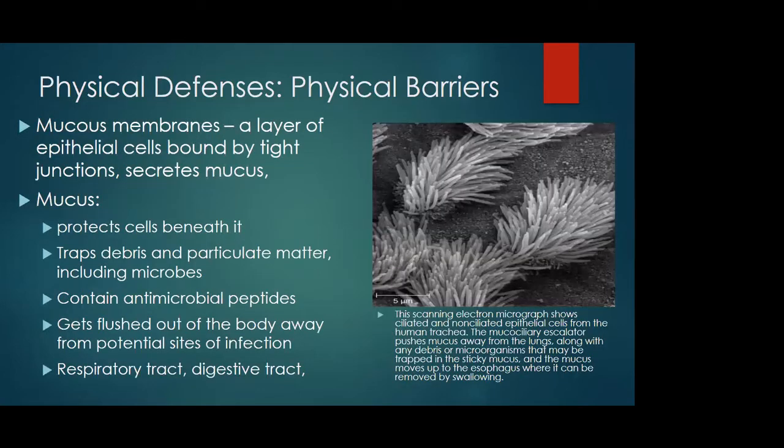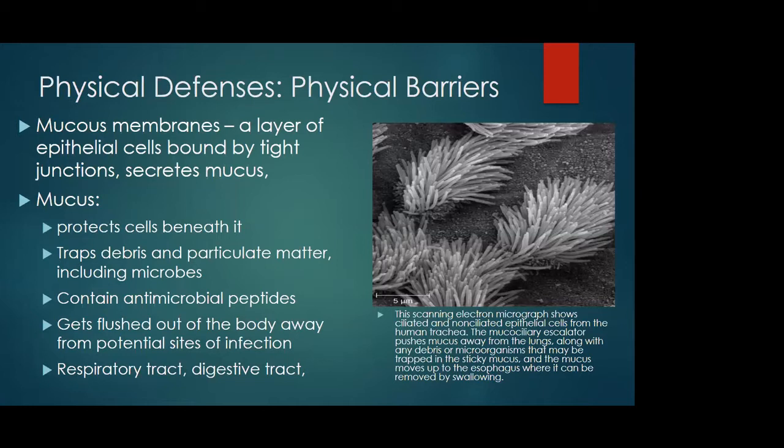Other physical defenses are mucous membranes, right? Our mucous membranes are a huge portal of entry for pathogens, but they do have some physical defenses that try to keep pathogens out. Okay, again, here you have tight junctions. You have epithelial cells packed closely together. You have mucus, right?